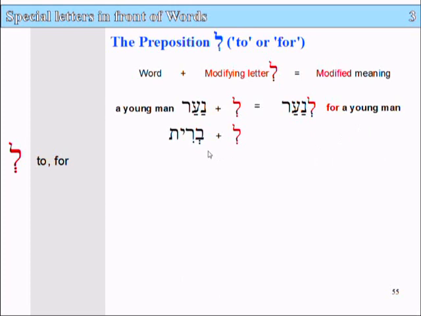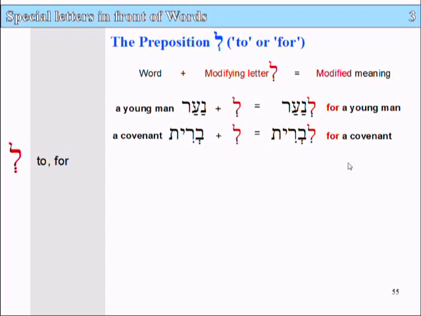If we take the word for covenant, berit, and we add the lamed, we get leverit, for a covenant.